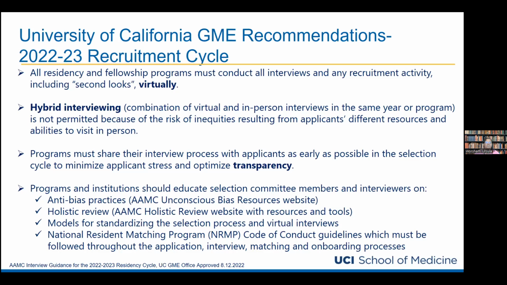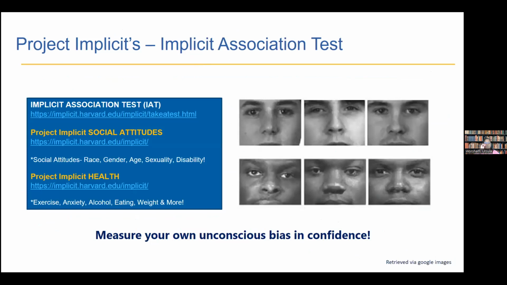So one of the last resources I wanted to highlight, of course, was Project Implicit's Implicit Association Test, which I mentioned a little bit earlier in the presentation. The Implicit Association Test, or the IAT, really is a proven technique for enhancing awareness of one's unconscious bias.